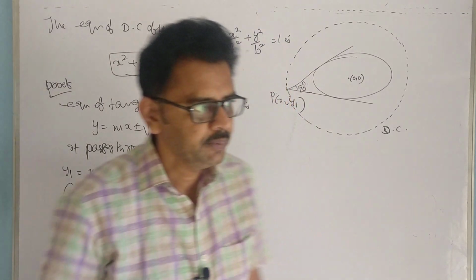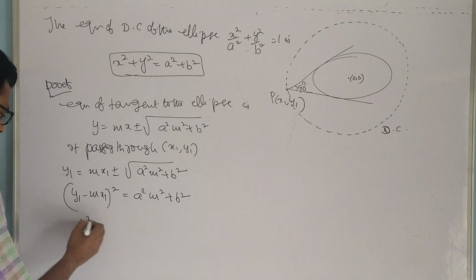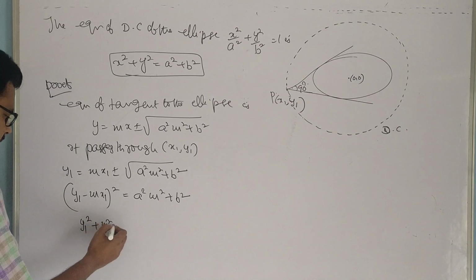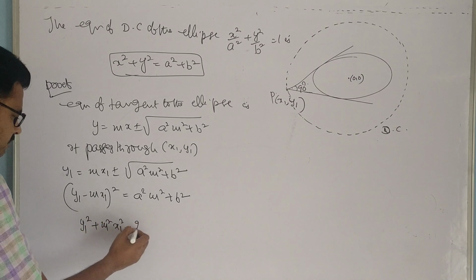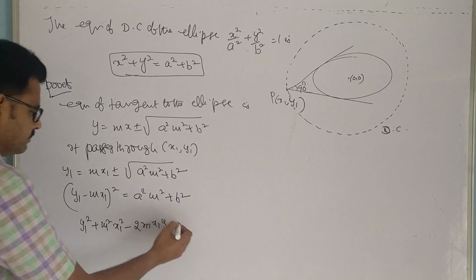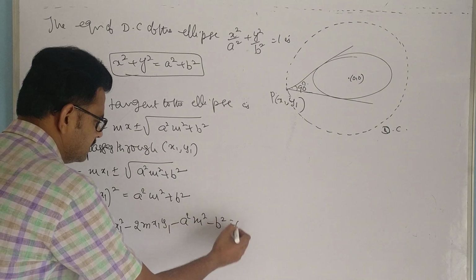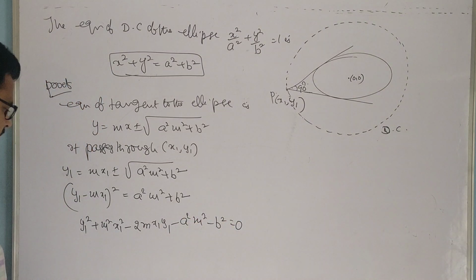By expanding this, y1 square plus m square x1 square minus 2m x1 y1 minus a square m square minus b square is equal to 0.